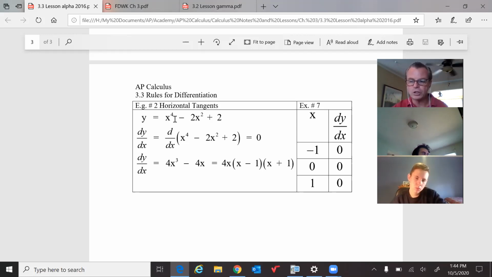If the curve has a horizontal tangent, that's where the graph is reaching a minimum or a maximum. It's where the graph is falling and begins to rise, or rising and begins to fall. So in those cases, the derivative would be 0, because the slope of a horizontal line is 0.